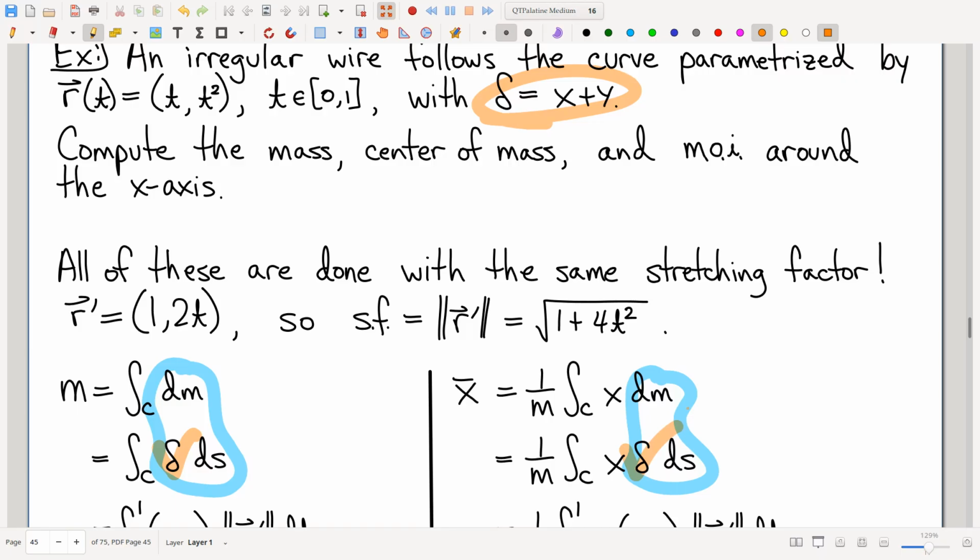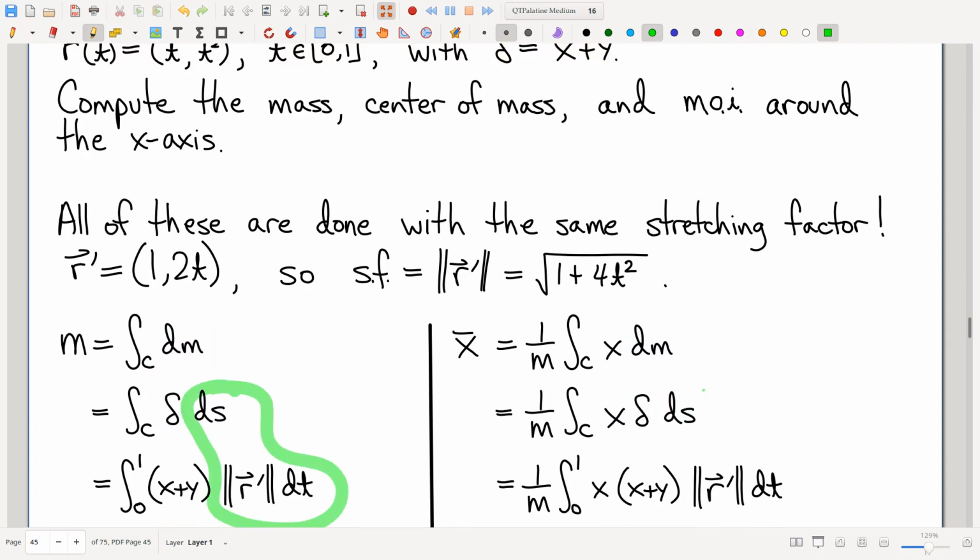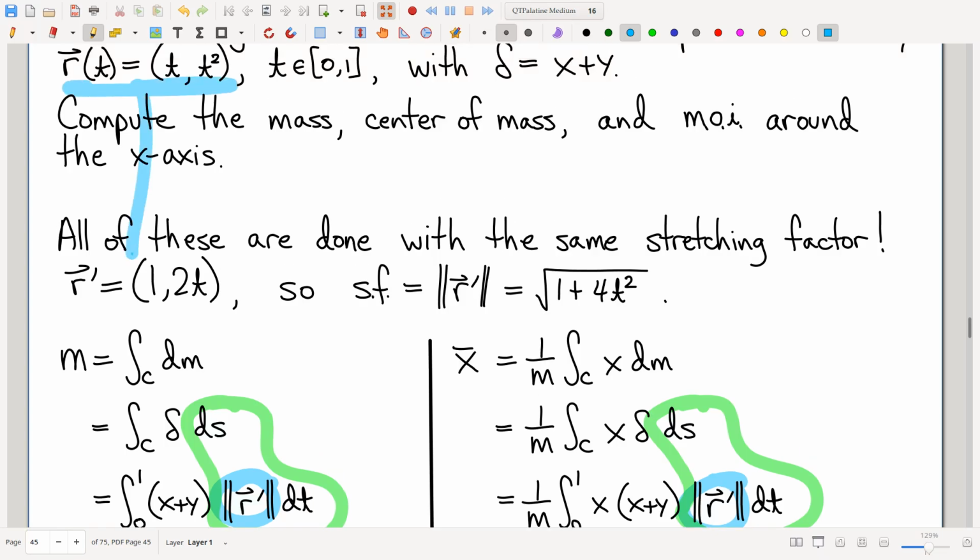Cool. All right, let's see now. Wait a minute. This ds thing, we're going to apparently need to know. Let's see, to simplify ds, hang on, ds, we're going to need speed times dt. That's from the previous page. Again, we're just plugging into the formulas on the previous page. So we're going to need to know the speed. So you do have to take your parameterization, compute the velocity, take the magnitude to get the speed.